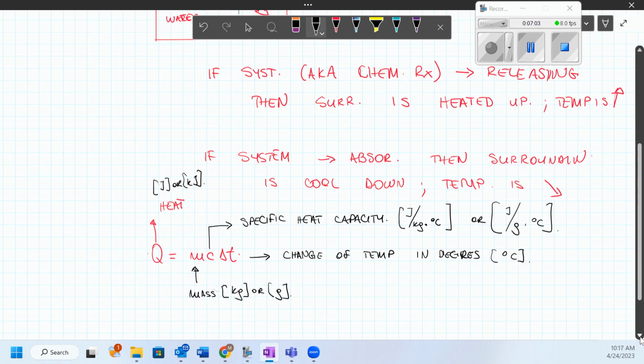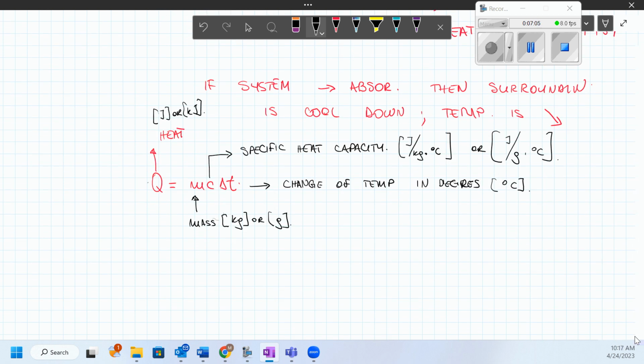Okay, so now we are drawing a conclusion as to what is happening in the reaction based on the conservation law of energy, that whatever is happening in the reaction is reflected in the surrounding, and then we are measuring what is happening in the surrounding using Q = mcΔT.